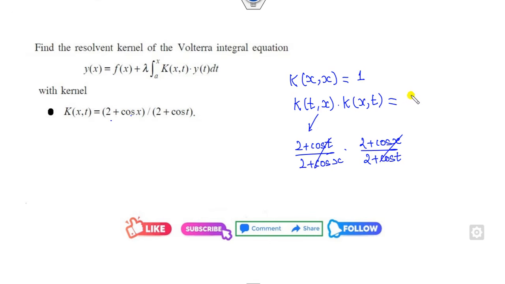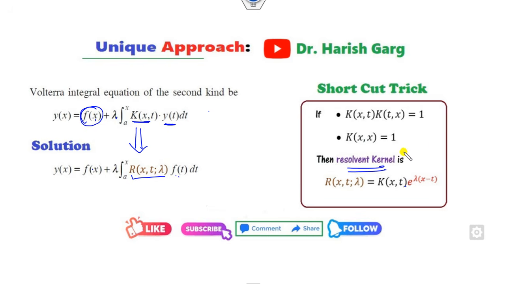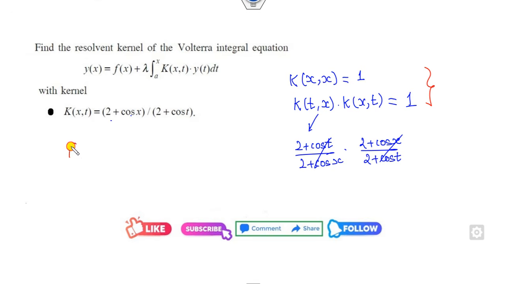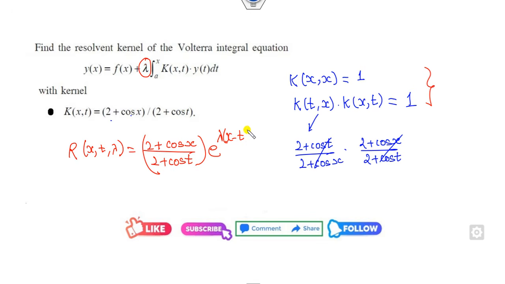So clearly the product is 1. Now once both properties are satisfied, your resolvent kernel will be the given function, that means 2 plus cos x divided by 2 plus cos t, times e raised to the power lambda times x minus t. That is the right answer.